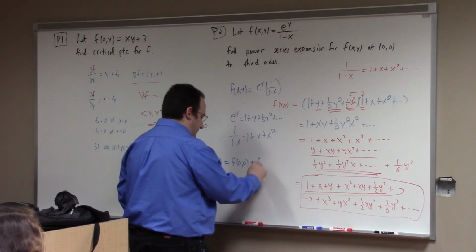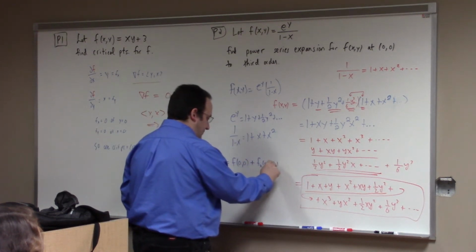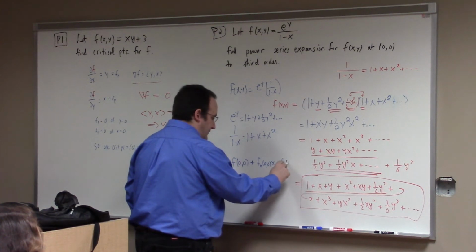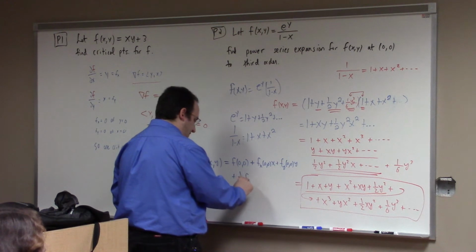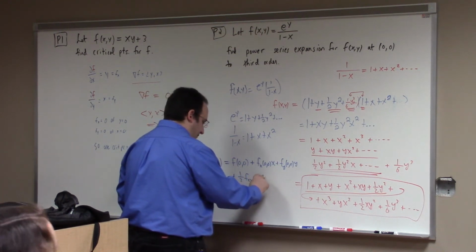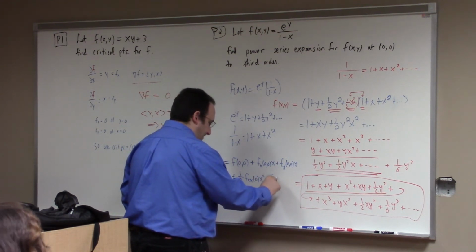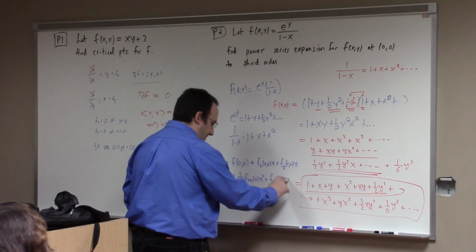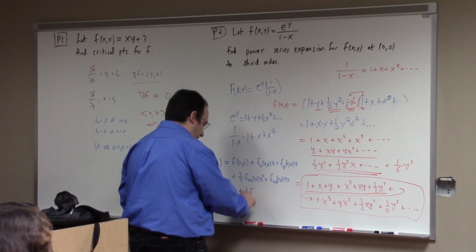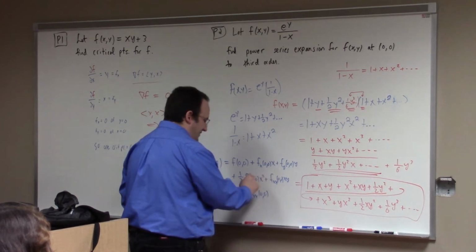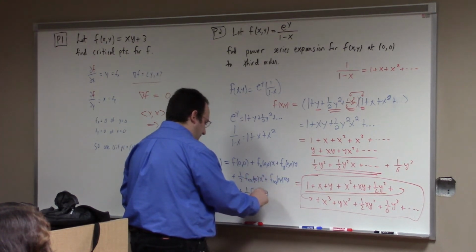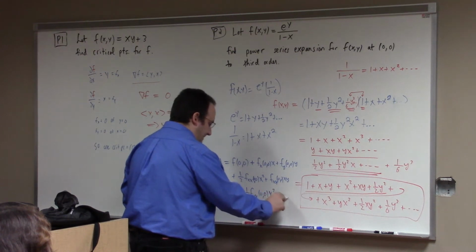Then we have fx at 0, 0 times x plus fy at 0, 0 times y plus 1/2 fxx at 0, 0 times x squared plus fxy at 0, 0 times xy plus 1/2 fyy at 0, 0 times y squared, and so forth, right?